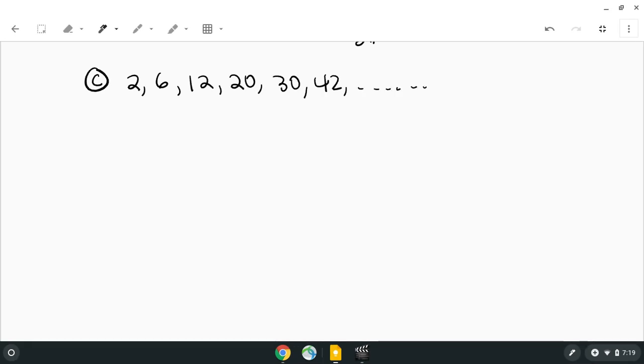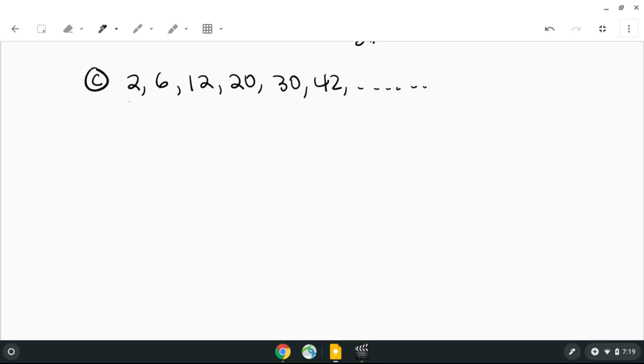Okay, let's look at this sequence. 2, 6, 12, 20, 30, 42. Let's see if we can guess what the sequence function is.